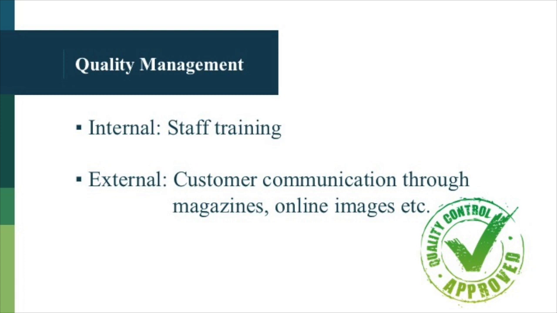Internally, it is through training, where senior stylists teach the juniors more skills to conform to a better and consistent quality. Externally, the stylist will communicate with the customer on what style they want, through magazines, online images, or just oral communication.